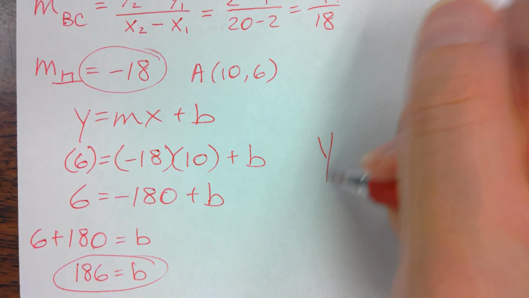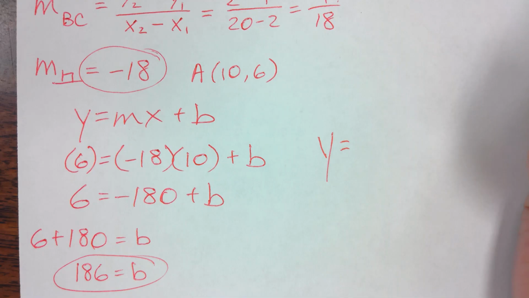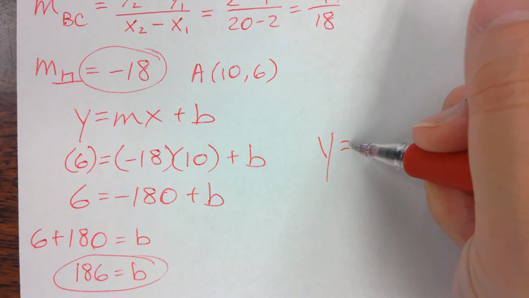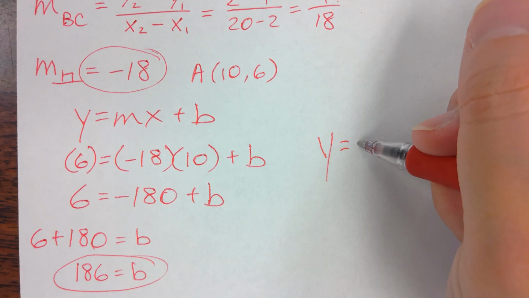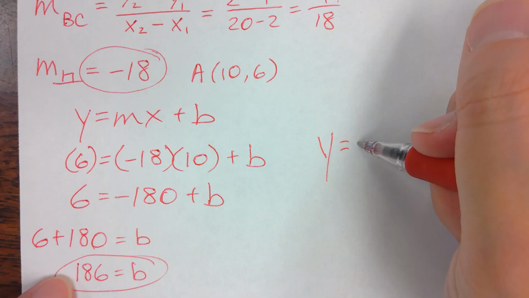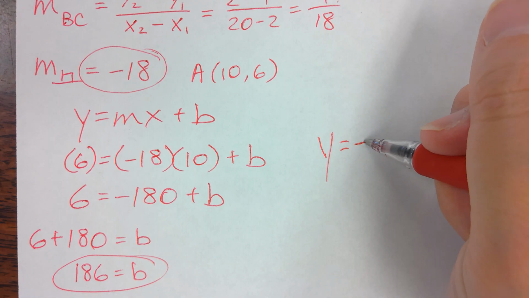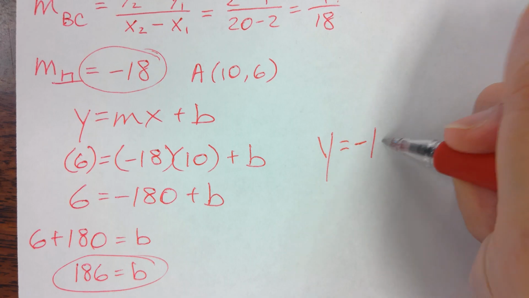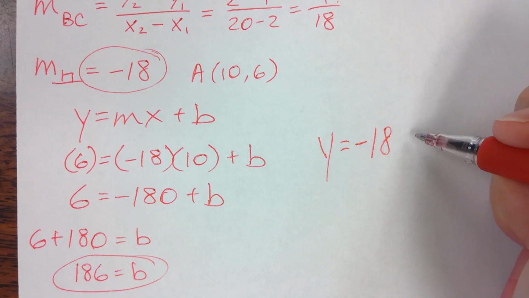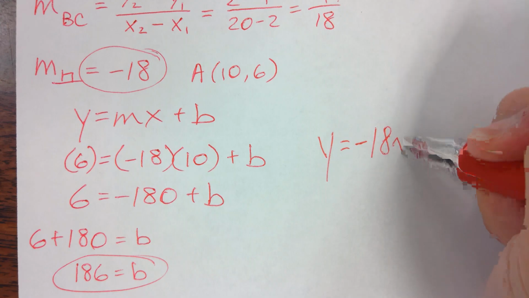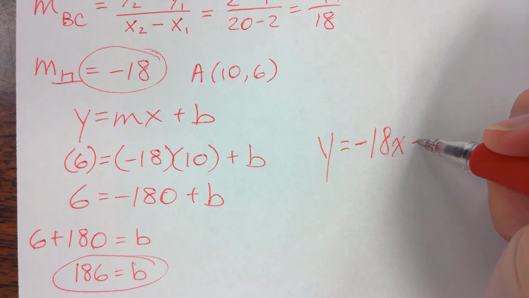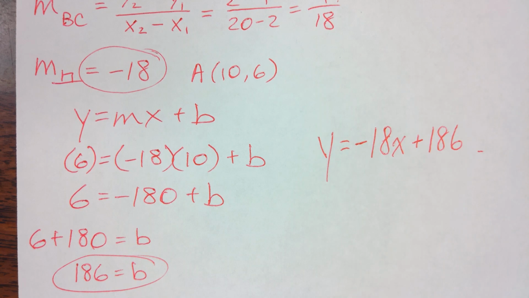Therefore, my equation is y equals negative 18x plus 186. Good, done.